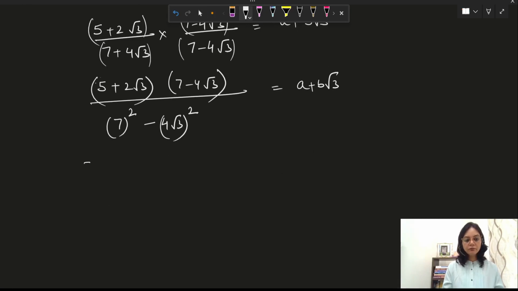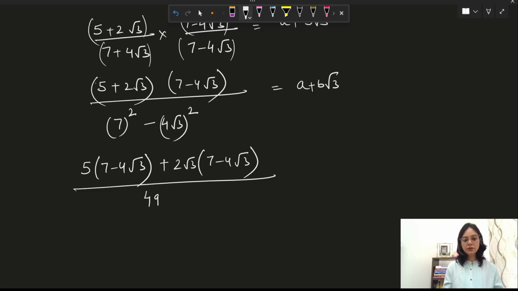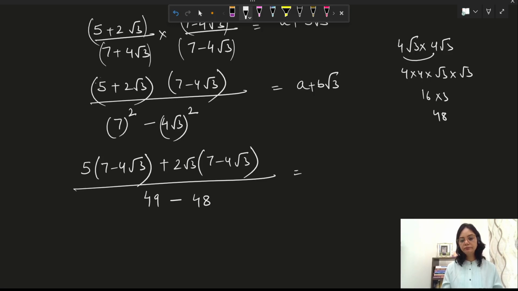This 5 now will be multiplied by this whole term. Then there is a plus sign, plus 2 root 3 will also be multiplied by this whole term. 7 square is 49 minus, again how do you calculate 4 root 3 into 4 root 3? 4 into 4 in the constant term and root 3 into root 3. So that's 16 into 3, 48. So this will be 48, equals a plus b root 3.